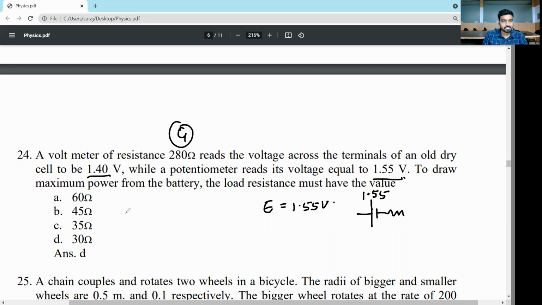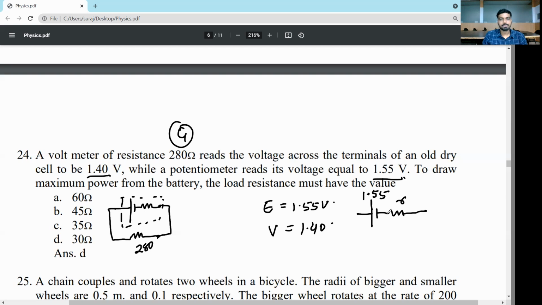See, if this is a battery, and this is G, 280 ohm, the voltmeter will read the potential difference V. So the potential difference is given as 1.40.